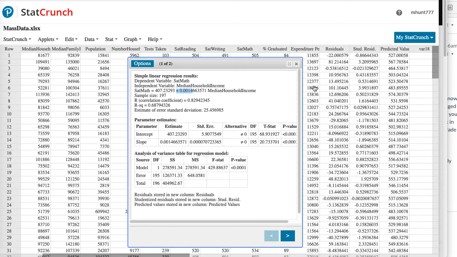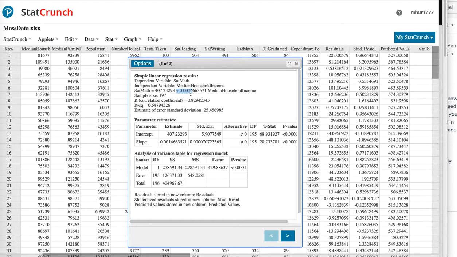maybe even round that up and call it 0.0015. So if we're talking in terms of $10,000, an increase of $10,000 in our x variable, an increase of $10,000 in median family income, what kind of impact would that have on math SAT scores?